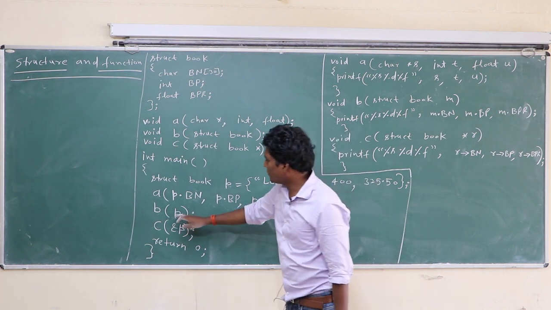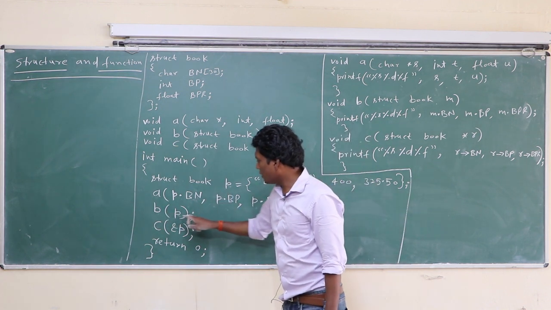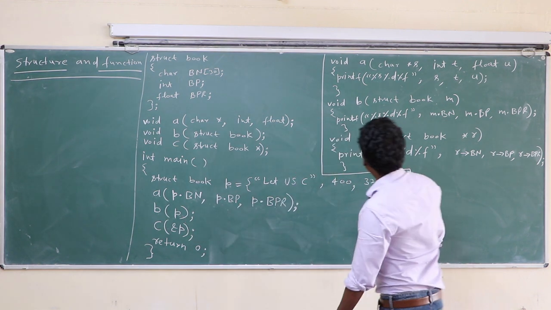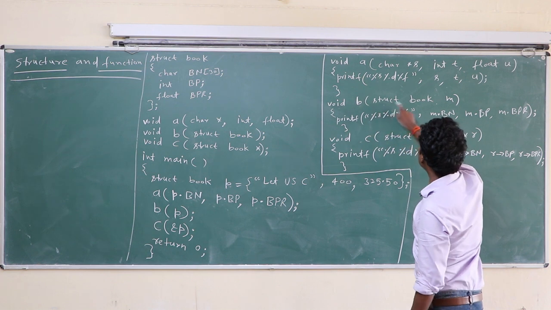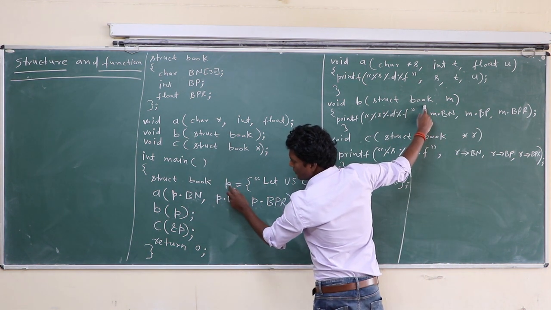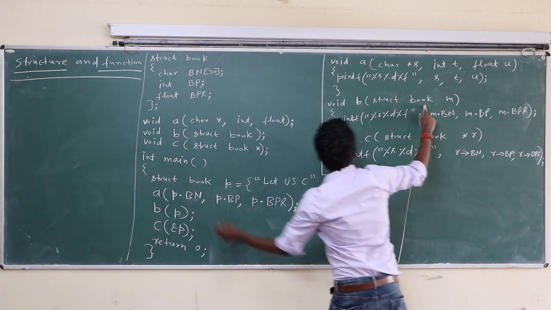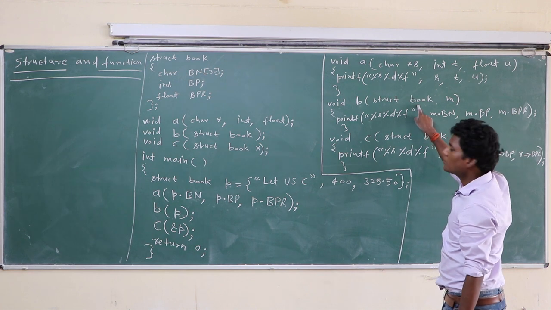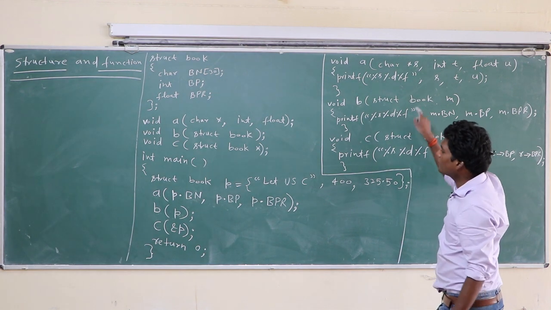Okay, so here B passes P, so everything is passed here directly, and void B struct book, since P is a structure variable and this has data type struct book, that's why we have to make the same data type. Okay class, we have to make the same data type.